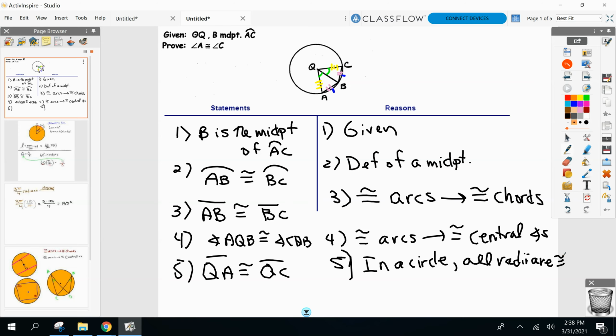Absolutely not. But now if you stopped your proof here and said the triangles are congruent, you're wrong because there's no side-side-angle. You are going to have to go now. Oh, all right, here I go. QB congruent to itself. Reflexive. And now at this point, you can say side-angle-side, and then end up with CPCTC. Okay? So that's what you can end up with.